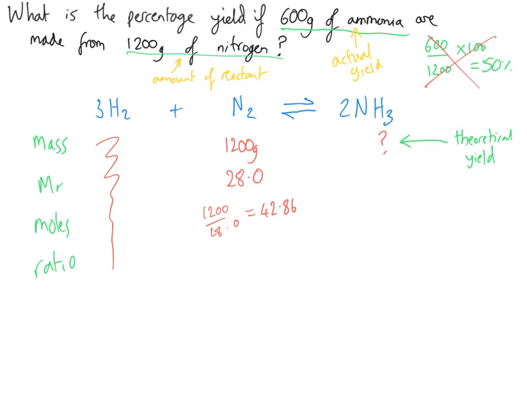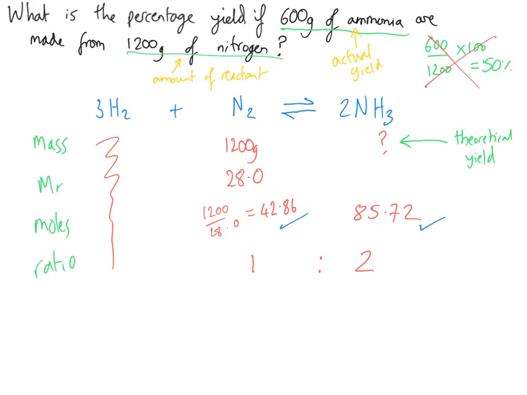If you're interested in tracking marks, by the way, that would be our first mark on a test question. And then the second mark will be for acknowledging that the mole ratio is 1 to 2 of nitrogen to ammonia, and so therefore the moles of ammonia produced will be double the moles of nitrogen that we used, so that will be 85.72 moles of ammonia, and that will be our second mark.